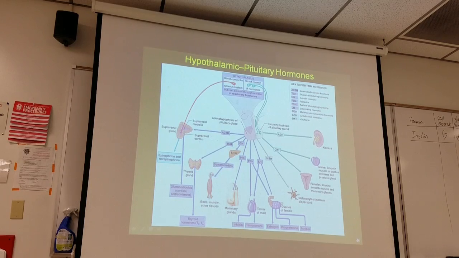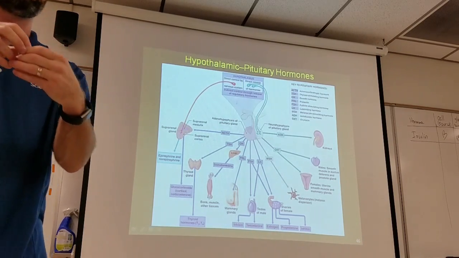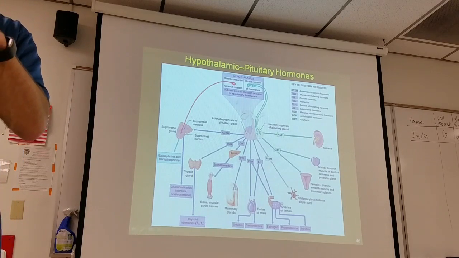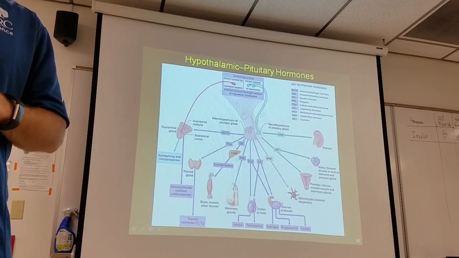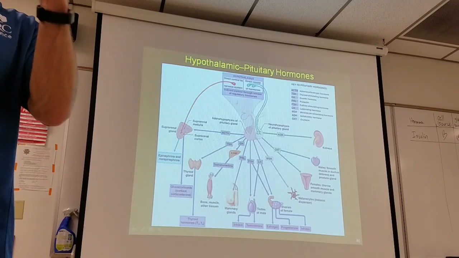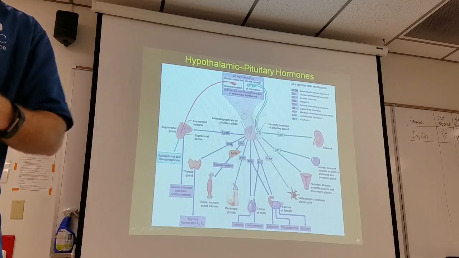Which one is stimulating milk production for next time? Because we can't make it fast enough for the current feeding, right? The baby is suckling, the baby's feeding. Which one is stimulating production of more milk for the next feeding? Prolactin. Which one is allowing the milk that's already there to be let down? Oxytocin.